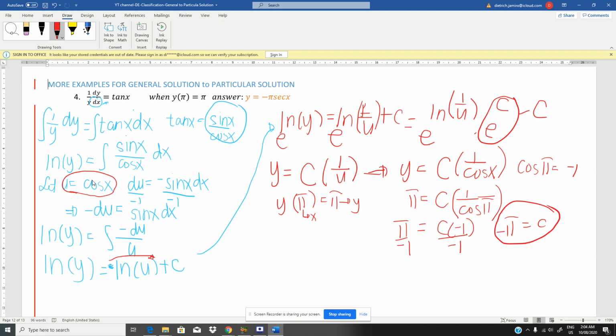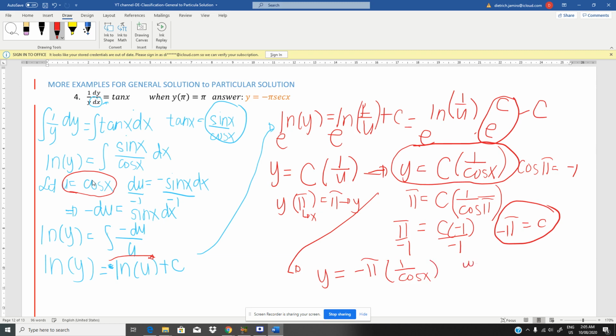We will go back to this equation. Now we will have y is equal to the value of c, which is negative pi, multiplied by 1 over cosine x.